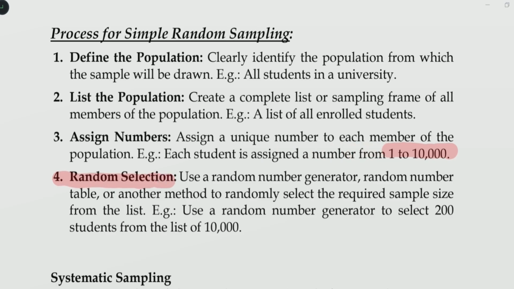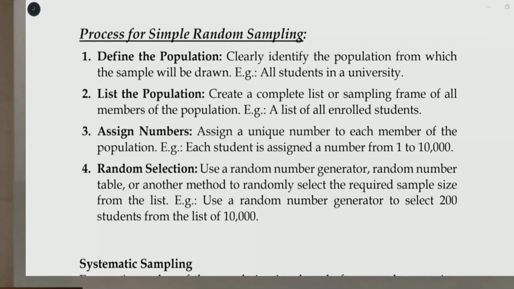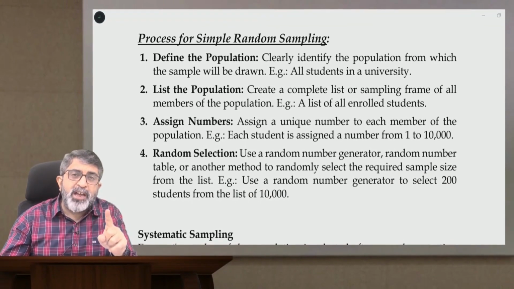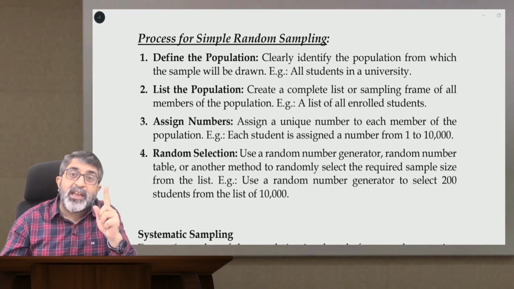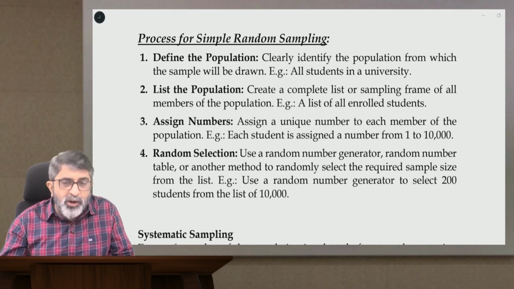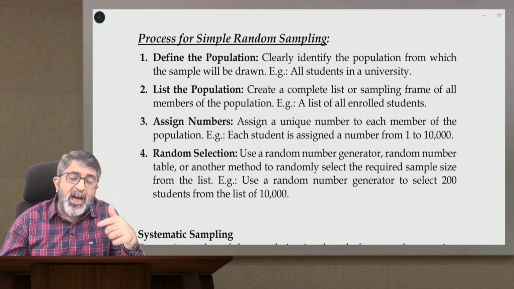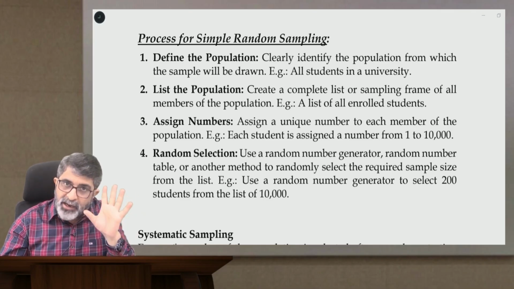And finally, the fourth step is random selection. Use a random number generator, random number table or another method to randomly select the required sample size from the list. For example, use a random number generator to select 200 students from the list of 10,000. I don't have to explain again what random numbers are, because in simulation methods we have already learned what random numbers are and how they can be generated, correct?